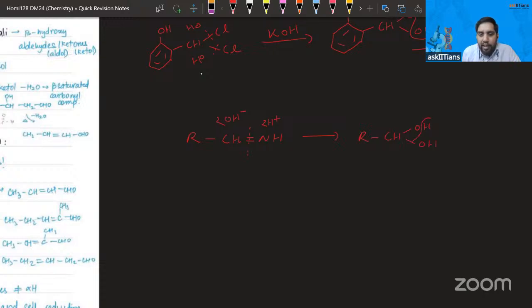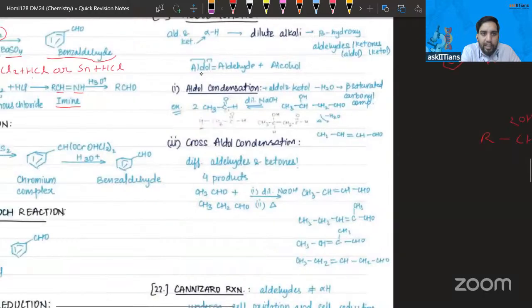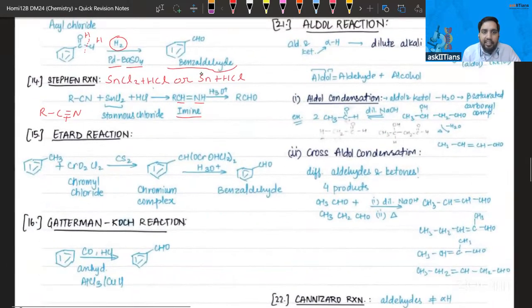Two OH on one carbon are unstable, so we get RCHO as the main product. This is again the preparation of aldehyde with the help of the Stephen reaction.